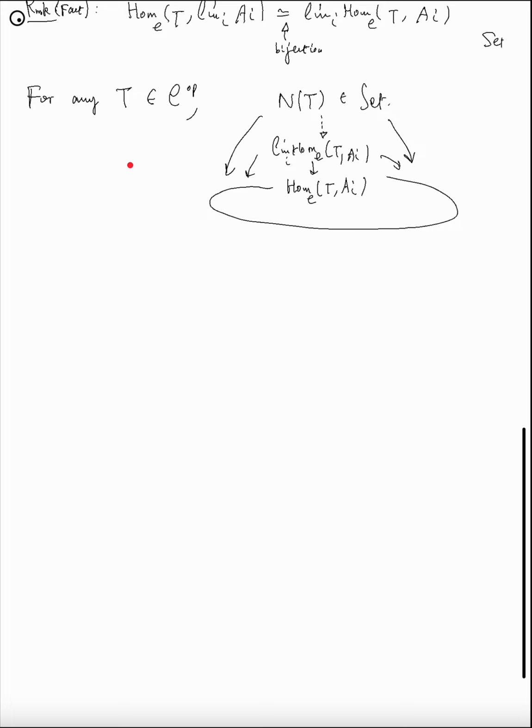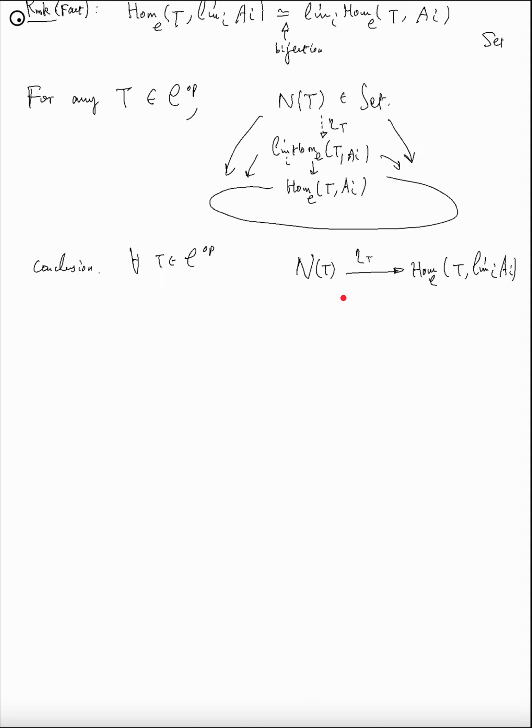The conclusion is that for any t in C up, we have N t, let's call this eta t, isomorphic to Hom of t, lim A_I, such that the diagram commutes, for any A_I.